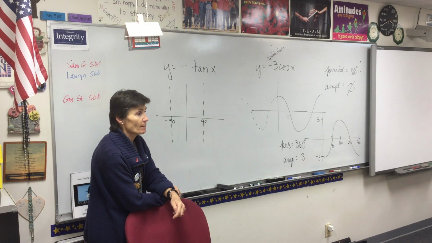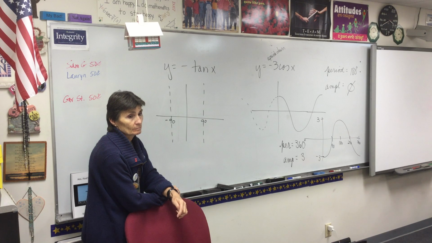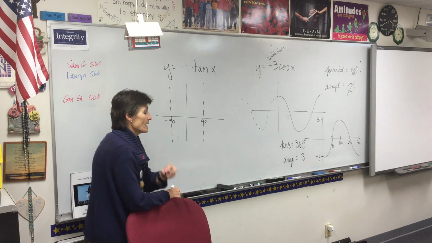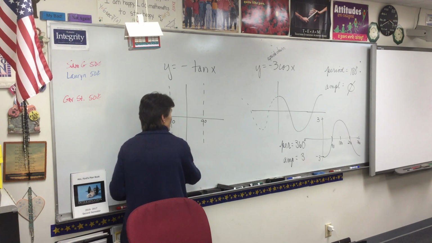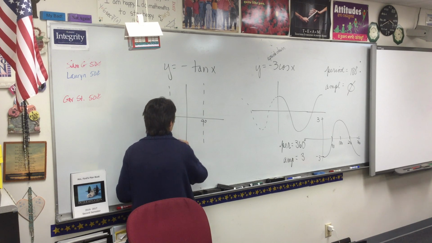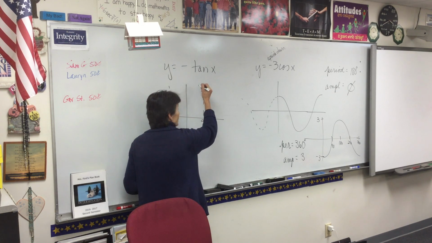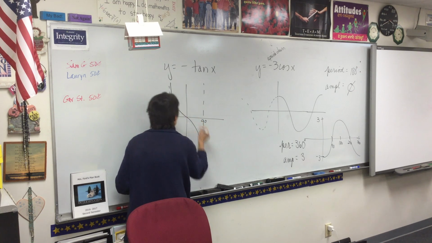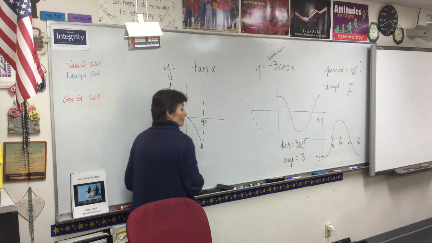Look at your basic shape. And what did we decide a negative out in front did? Upside down. So a normal tangent is like a normal cubic. It starts down here and goes up. So this one's going to start up here and come down.